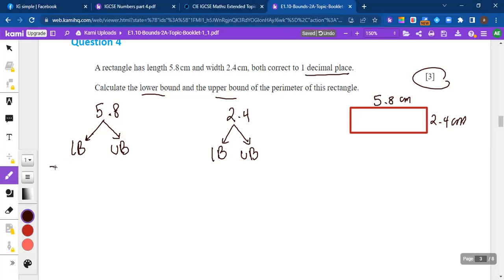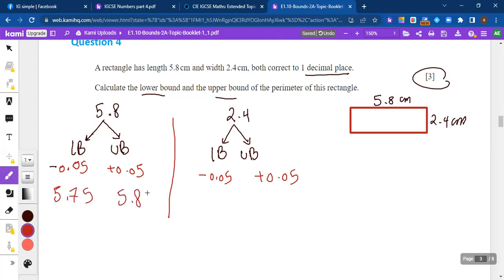So you subtract like this. So here, this one is 5.75, 5.85, 2.35, 2.45.